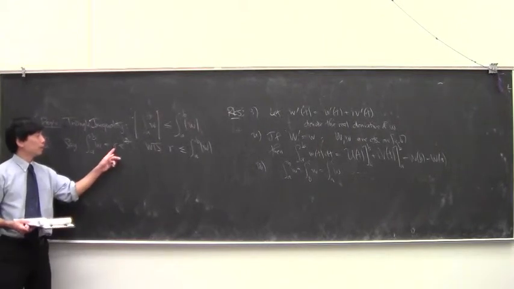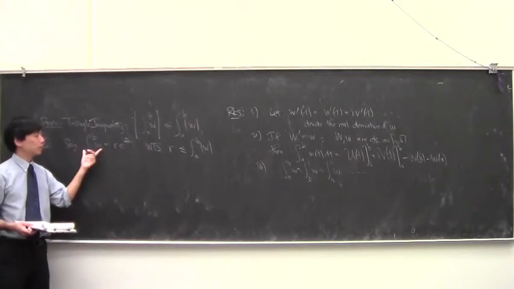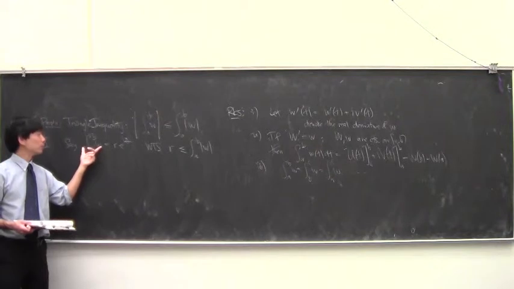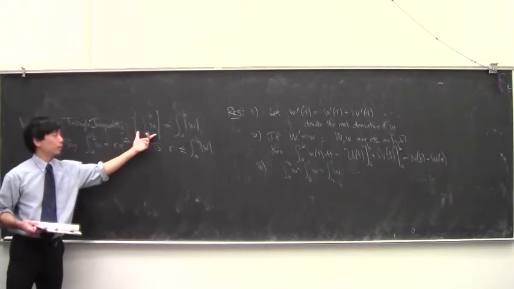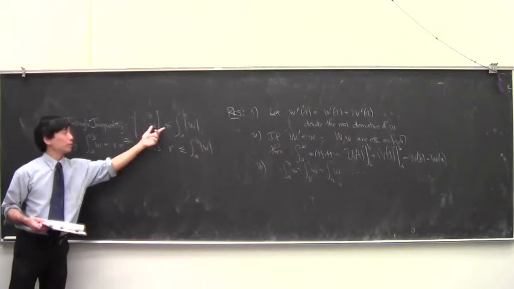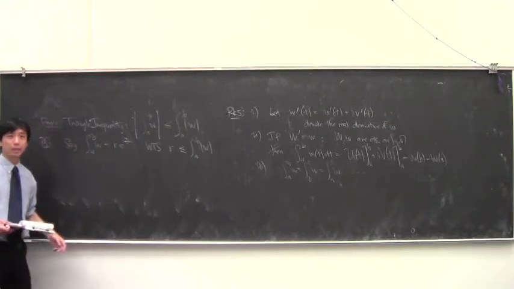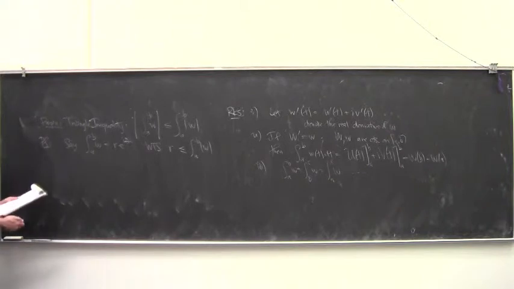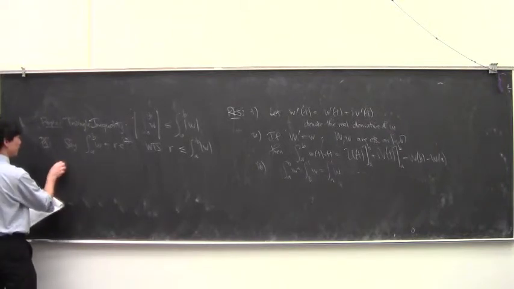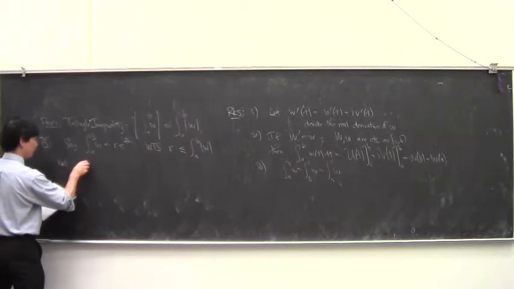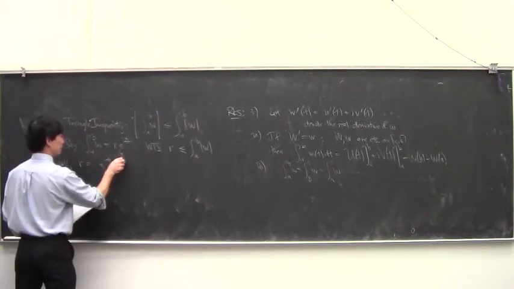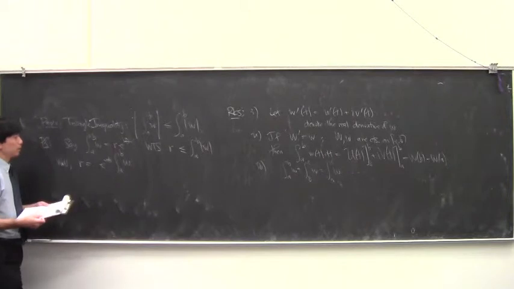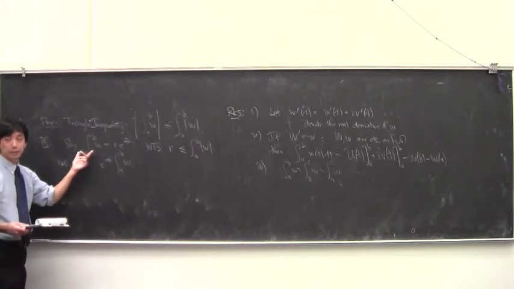Because R is the modulus of this complex number. We're trying to show that the modulus of this integral is bounded by the integral of the modulus. Okay. So R is the same thing as e to the negative i theta times the integral. I'm just moving the e to the i theta to the other side.